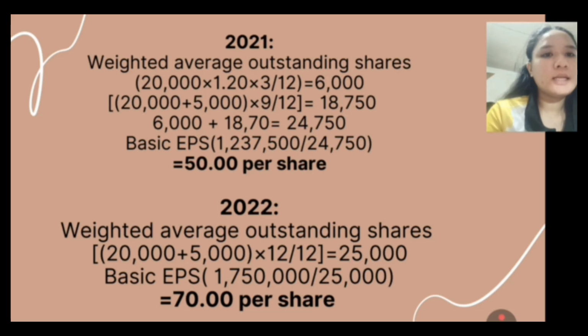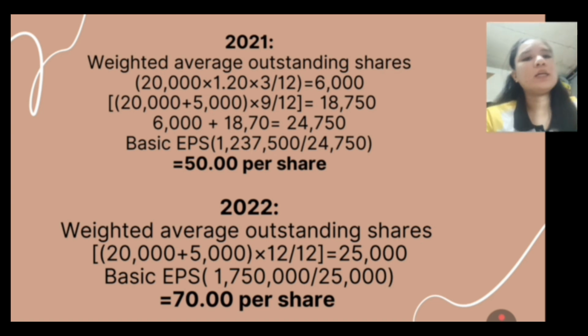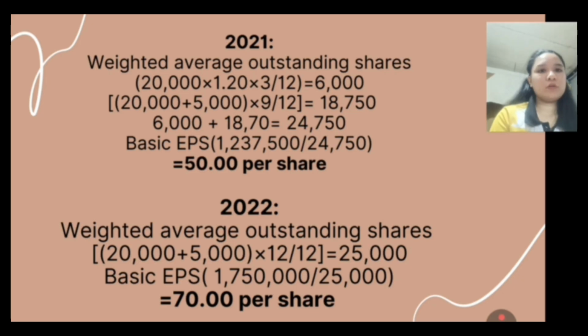So, itong i-add ang 6,000 plus 18,750 is equals to 24,750. So, the basic EPS, earnings per share, is equals to 1,237,500 divided by 24,750. It is equals to maong natay weighted average per share. So, ang atong basic EPS is equals to 50 per share.